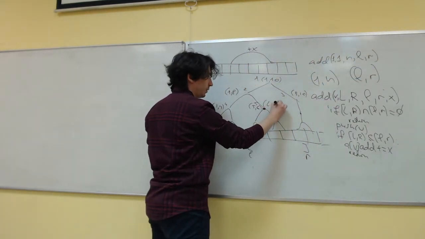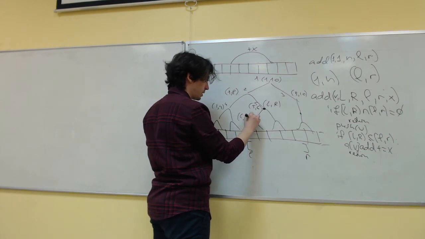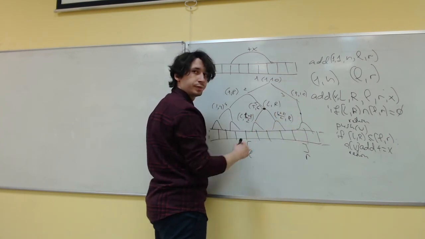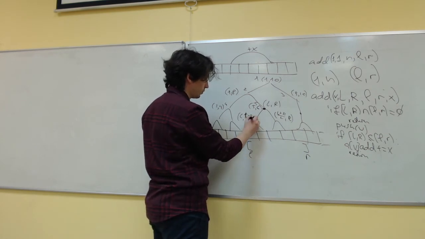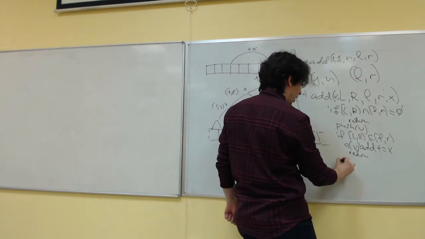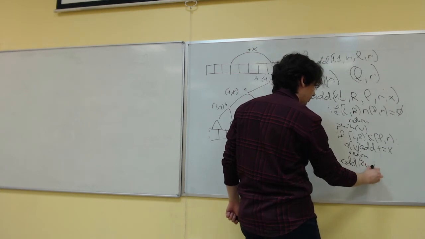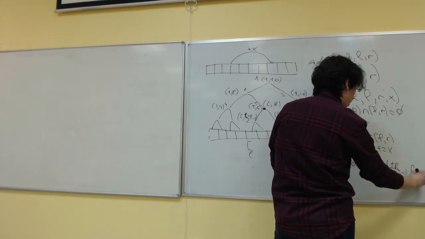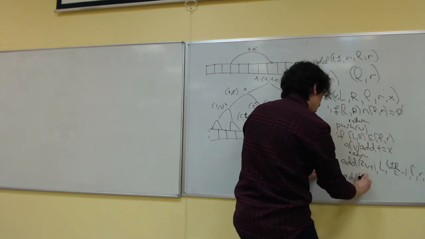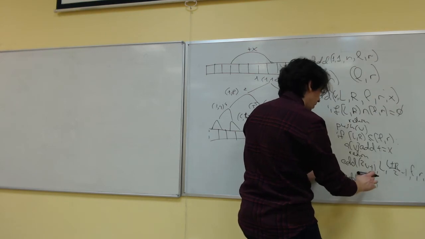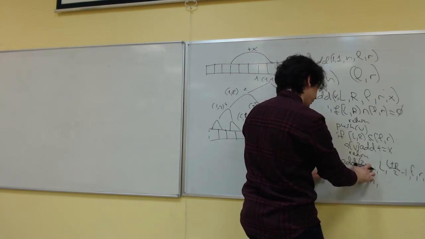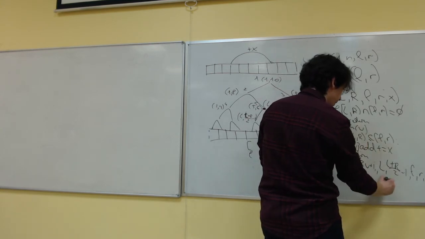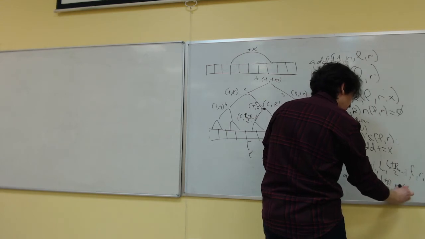If we have here segment L R, then the left half will be L to (L plus R) divided by 2, and the right half will be (L plus R) divided by 2 plus 1 to R. So we just recursively add to 2v plus 1, because this is their left child, with L to (L plus R) divided by 2, L R x, and then add to 2v plus 2, that's the right child, with (L plus R) divided by 2 plus 1 to R, L R x.